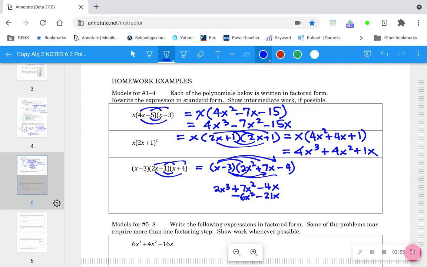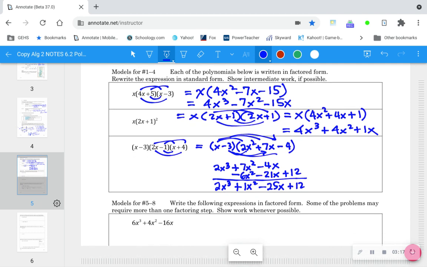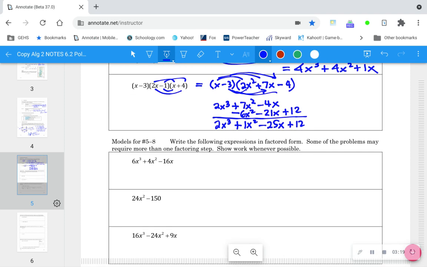And finally, negative 3 times negative 4. And we'll clean this up here. 2x cubed plus 1x squared. We'll add those like terms. Minus 25x plus 12. And that's the polynomial standard form version of the original there.